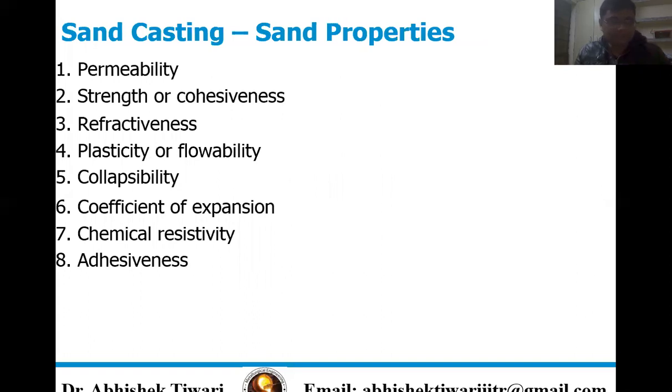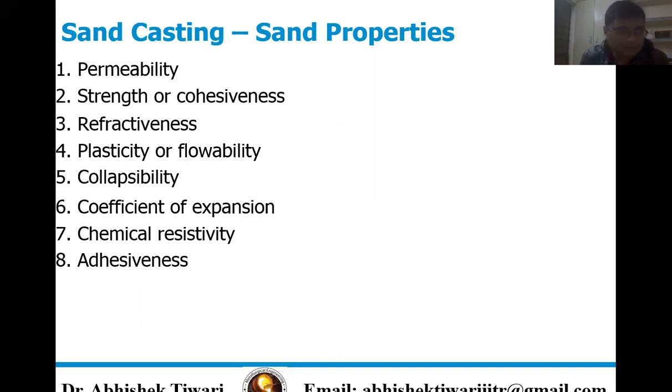Then we have sand casting, and on this we are going to discuss the sand properties. So, what are the sand properties required for doing sand casting? First is permeability.